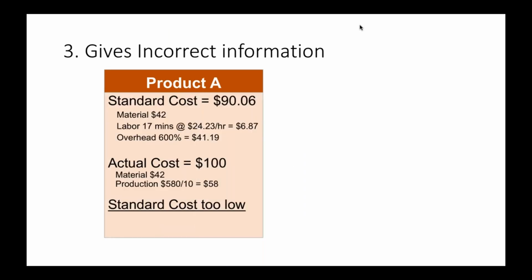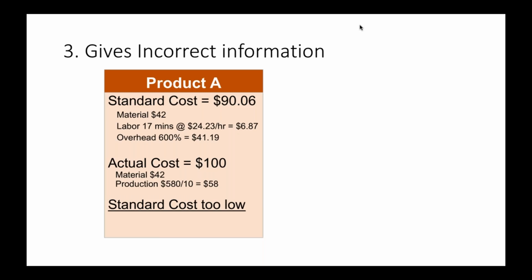Third, incorrect information. Here's another example using product costs. So we have product A. It has a standard cost of $90.06 based on $42 of material, labor time of 17 minutes, and an overhead cost of 600%.